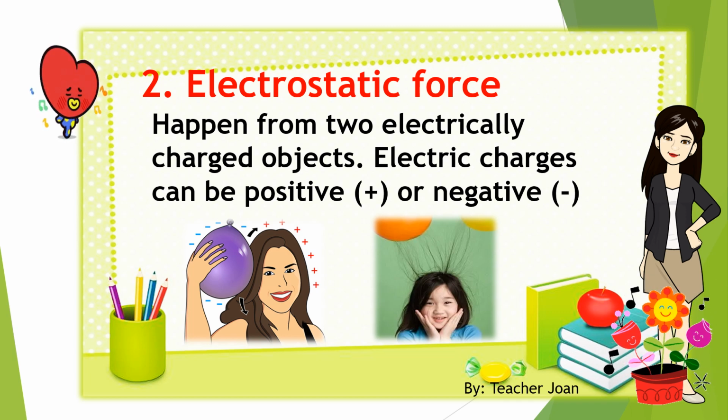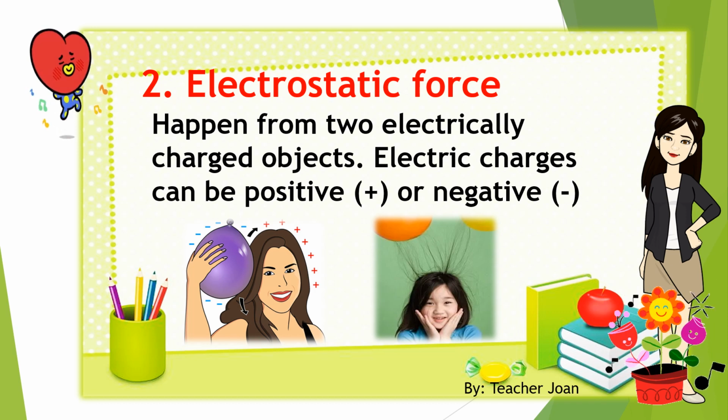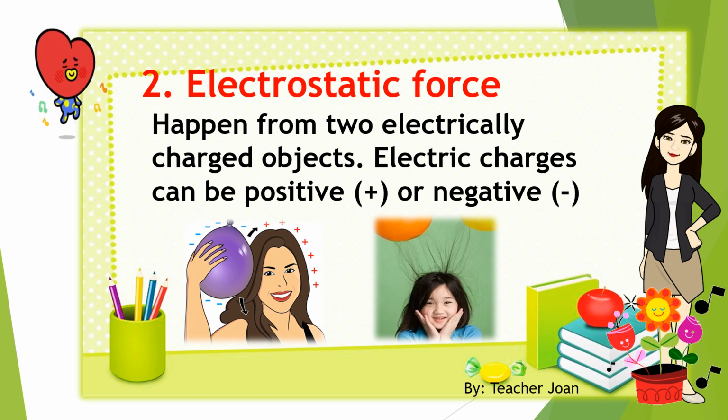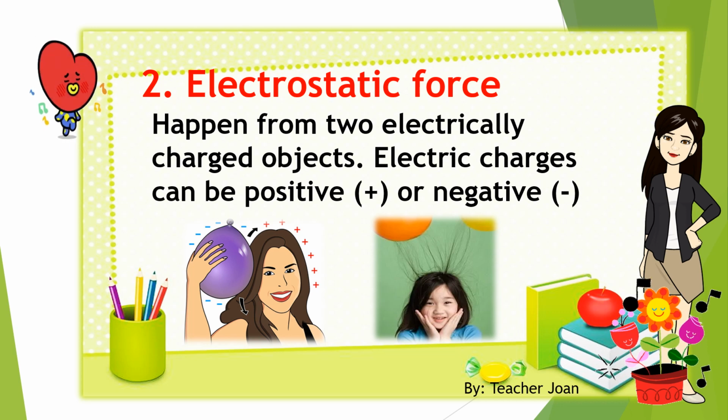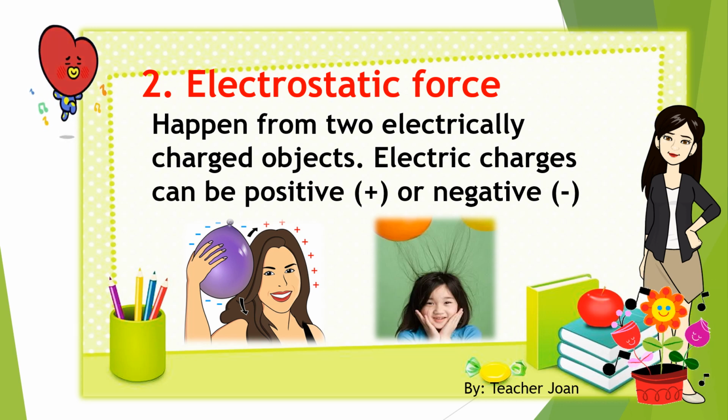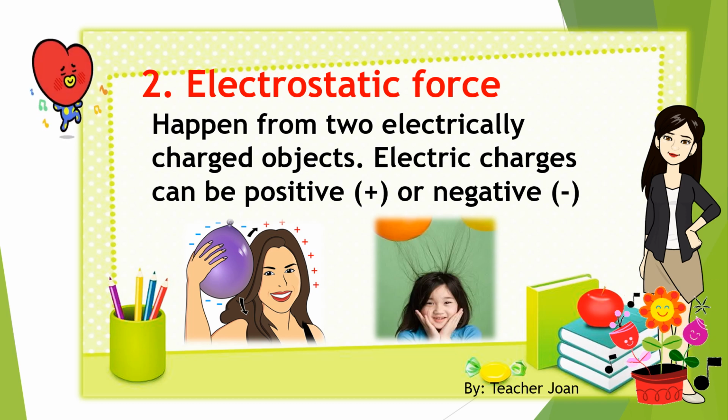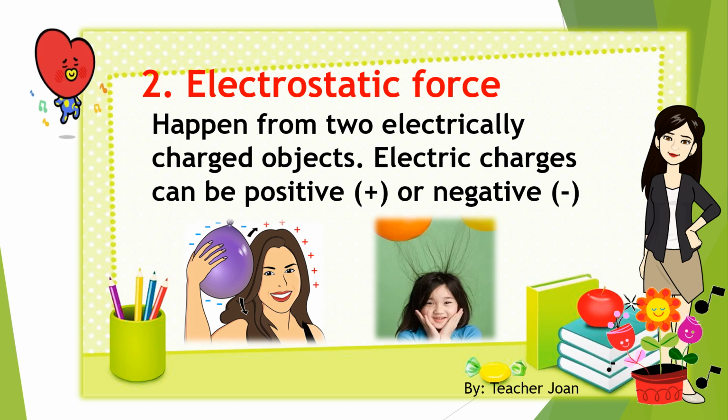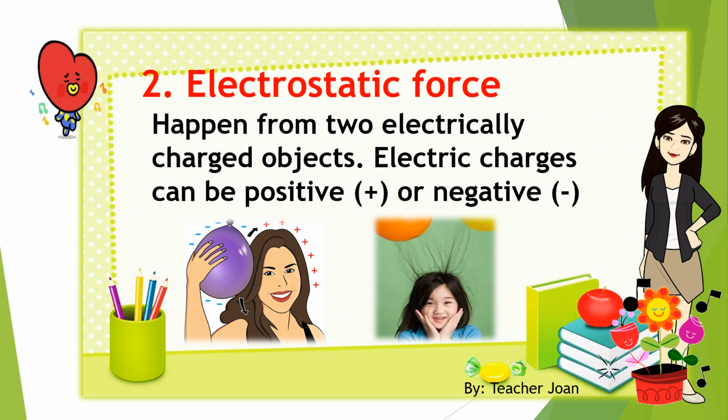Electrons are transferred from the hair to the rubber, giving the balloon a net negative charge and leaving the hair with a net positive charge. As the balloon is pulled away, the opposite charge on the hair causes it to be attracted to the balloon.